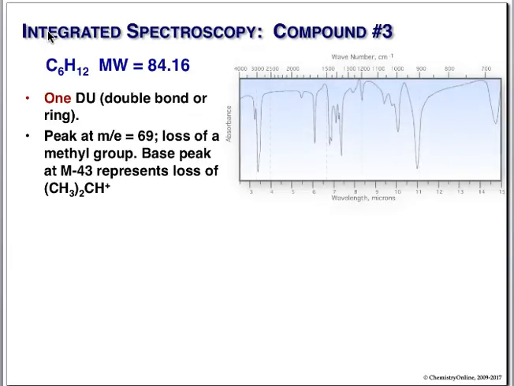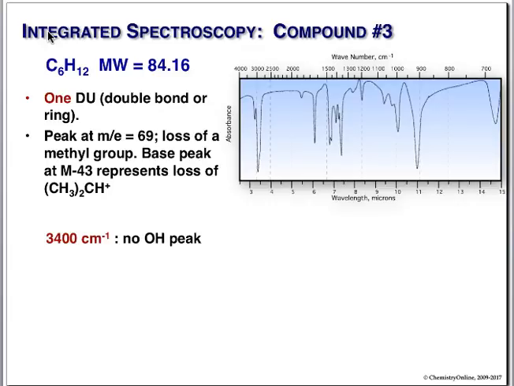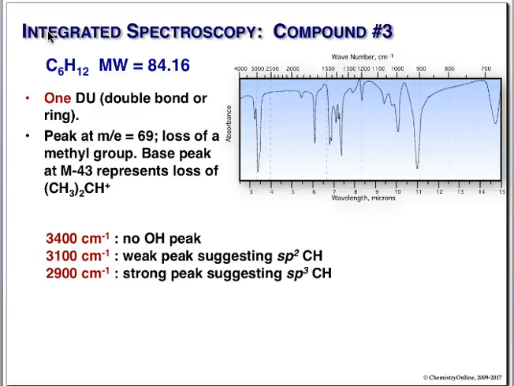The IR. When you look at the IR here, we clearly have no OH. You have a really nice little sharp peak here that would suggest sp squared CH. Beautiful, huge peak for sp cubed CH. Nothing in the triple bond region.